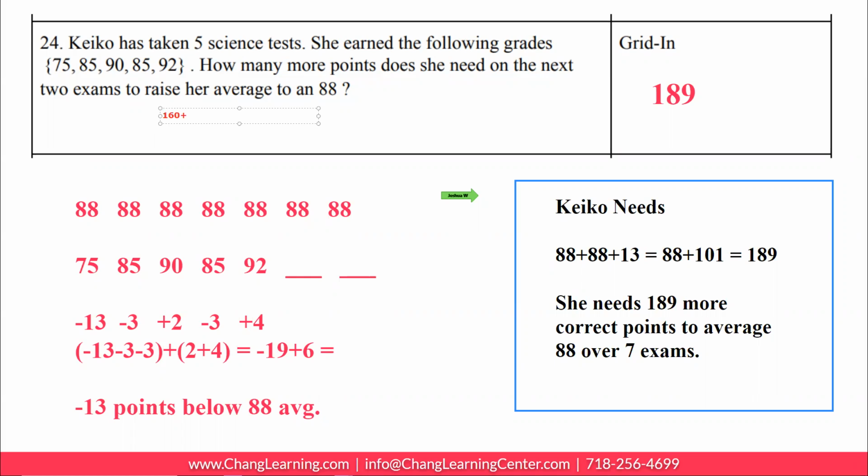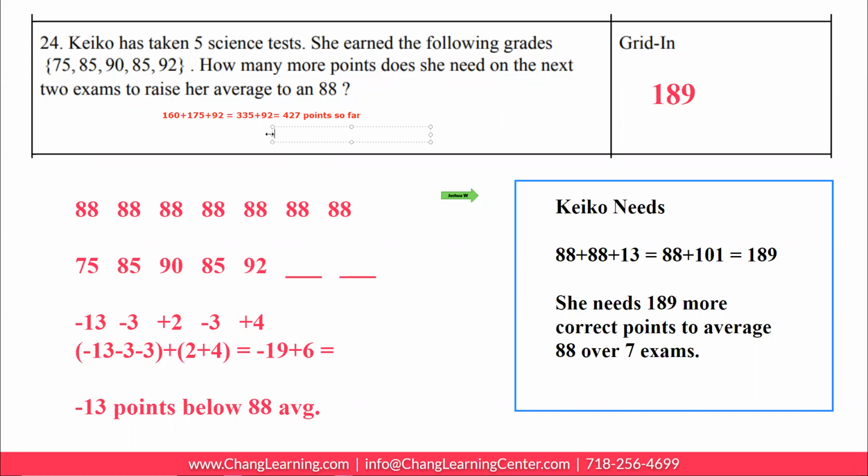Plus 90 plus 85 is 175, plus 92. And that's equal to 335 plus 92, which is 427. Okay, so far she has 427 points.